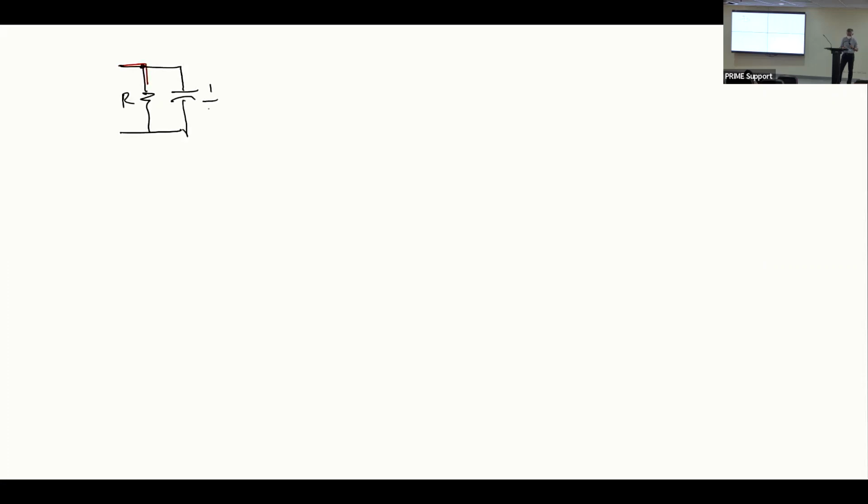What is Z equivalent? Z equivalent is just going to be R over 1 plus RCS. Because if you do product over the sum, what's the product? That's R over SC. The sum is R plus 1 over SC. If you multiply the numerator and denominator by SC, you just have R over 1 plus RCS. No?